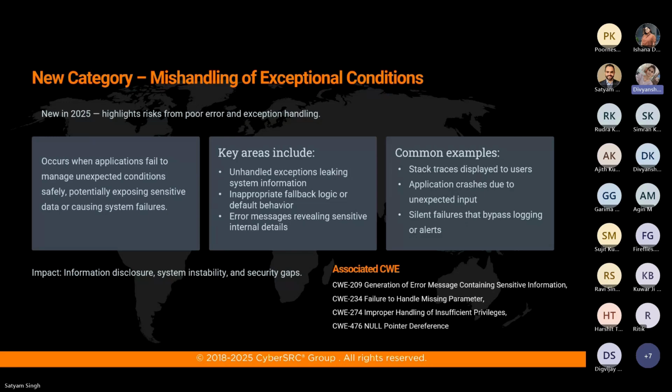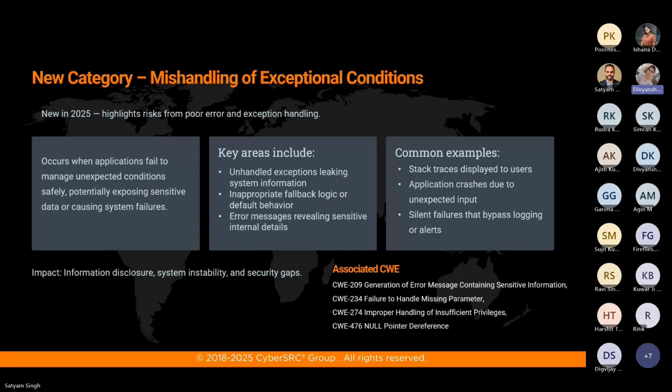And CWE-234 is failure to handle missing parameters. CWE-274 is improper handling of insufficient privileges, where a normal user tries to access an admin's account, admin credentials, URLs, username, and all.